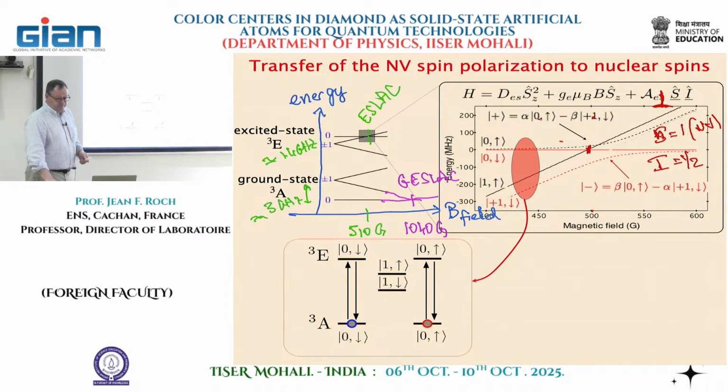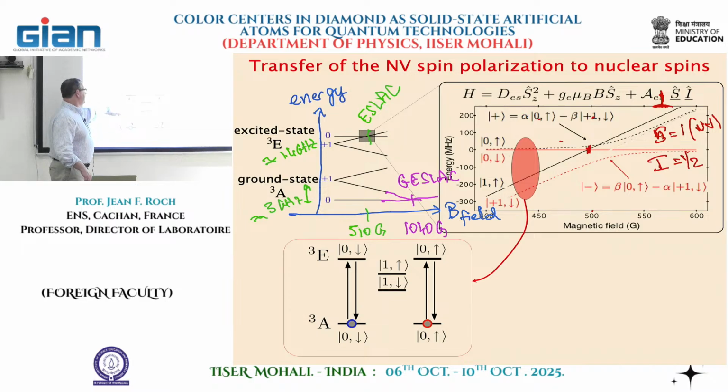What happened then? So far, from the tuning, I can consider the ms equals 0 state, and I'm not able to address the nuclear spin independently. As I apply the green laser, I polarize in the ms equals 0 state.